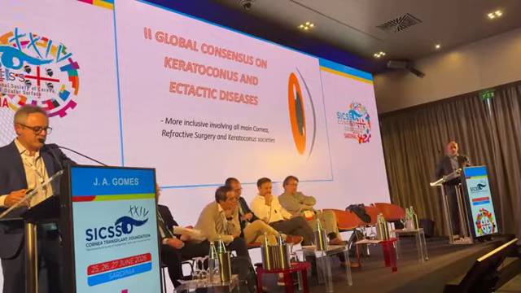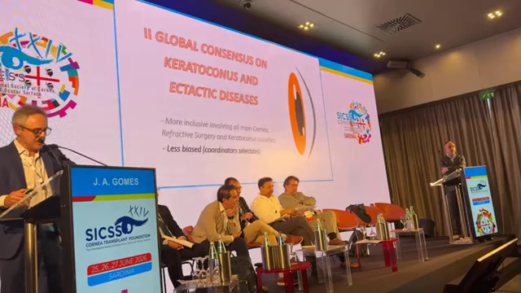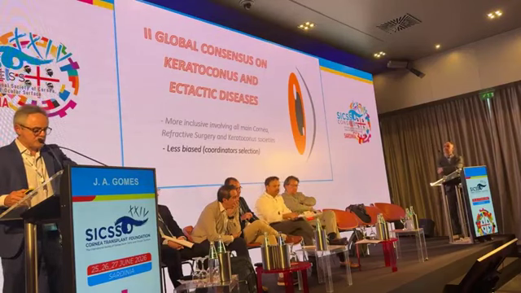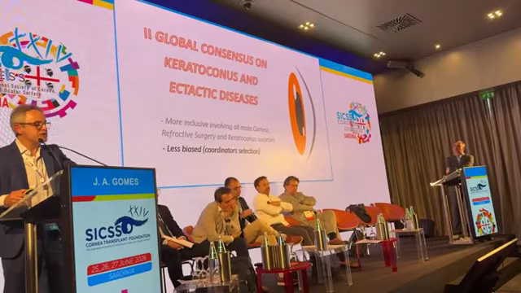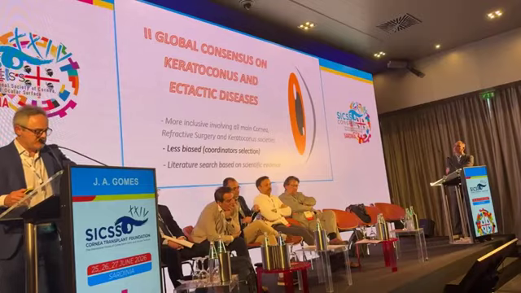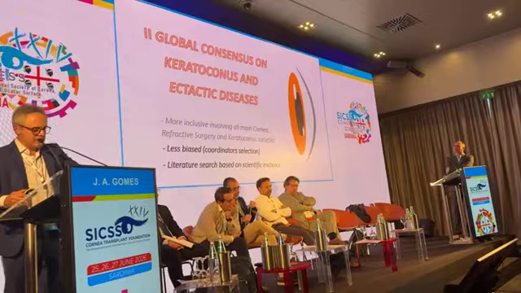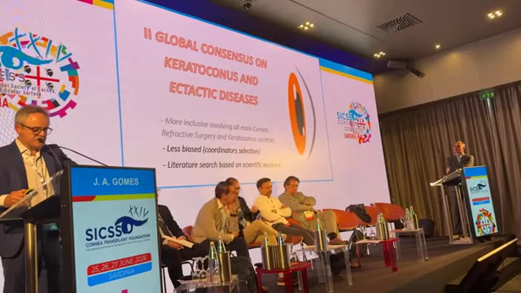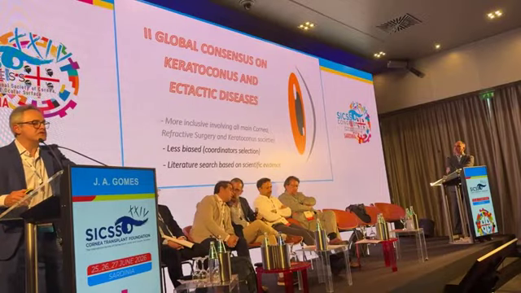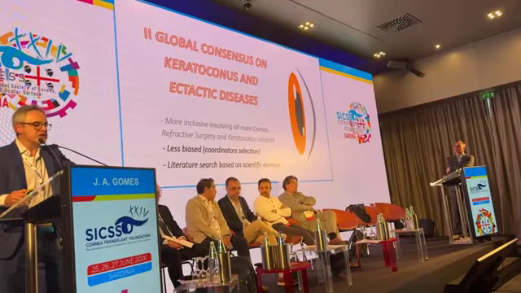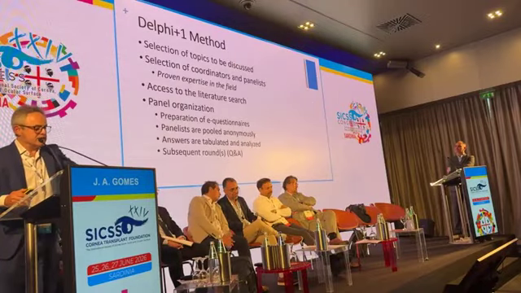We tried to be more inclusive, involving not only the main cornea societies, but also the keratoconus new societies and the refractive surgery societies. We also tried to be less biased in terms of coordinator selection. Coordinators are the people that make the questions. And we performed a very nice literature search based on scientific evidence that was distributed to the coordinators and panelists.